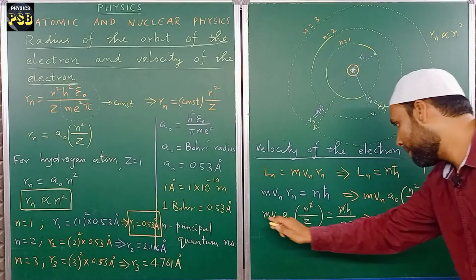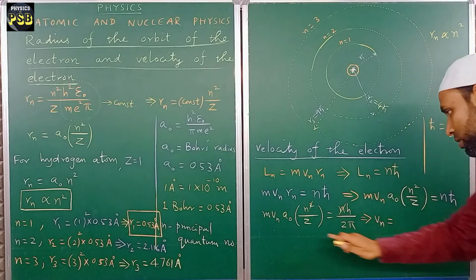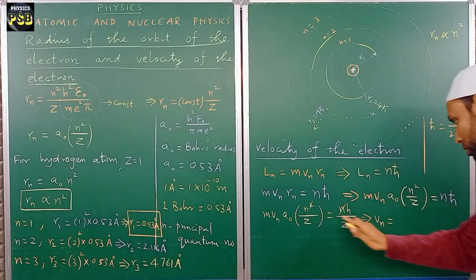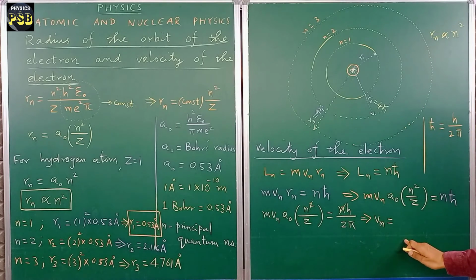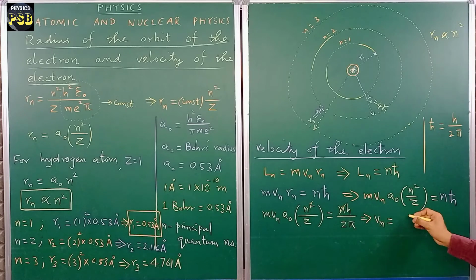So m and a naught will come down to the denominator along with the n. So what remains in the numerator is h.